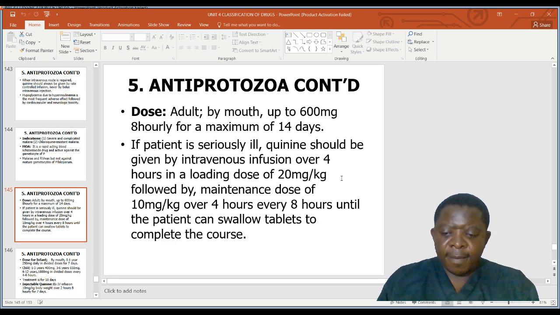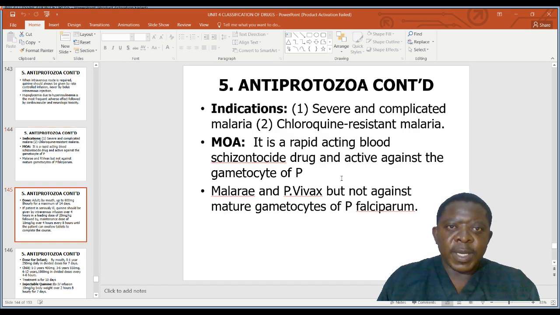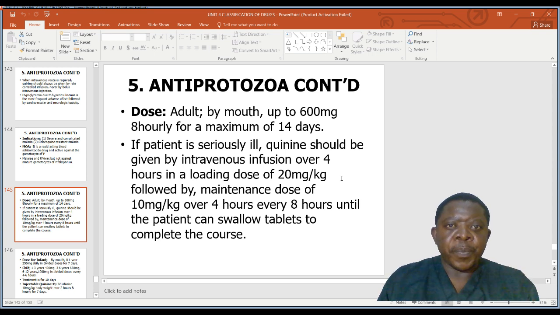And falciparum is the most common in countries like Zambia. So the doses there are variable, like 600 milligrams 8 hourly can be given for a maximum of at least 7 days and the likes.